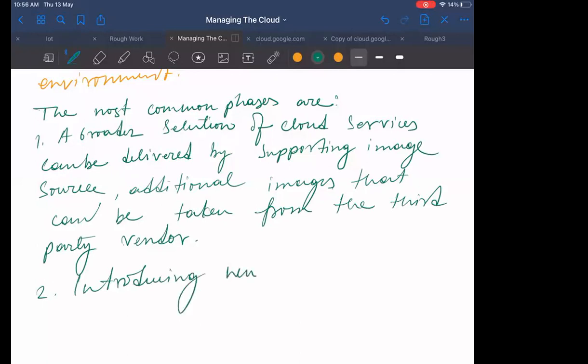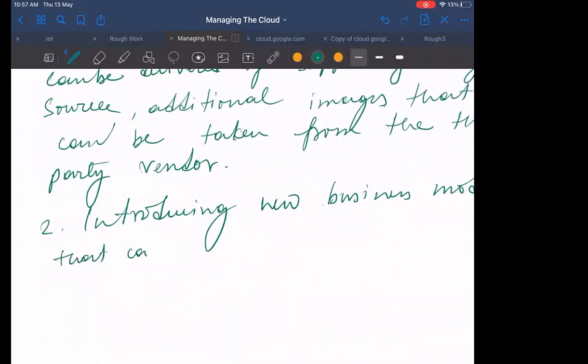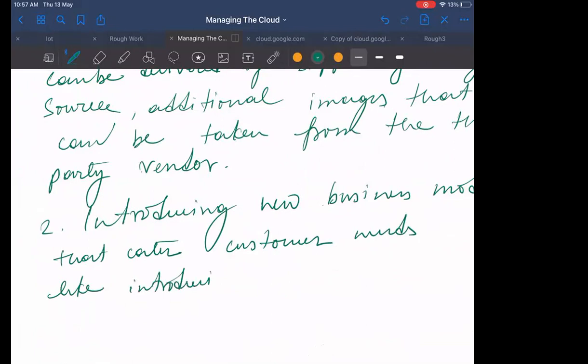Introducing new business model that caters to customer needs, like introducing subscription model in PaaS environment.